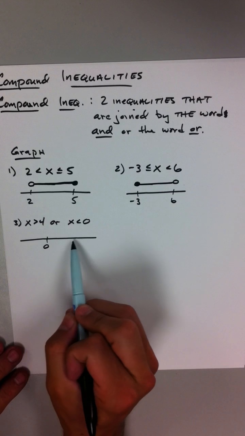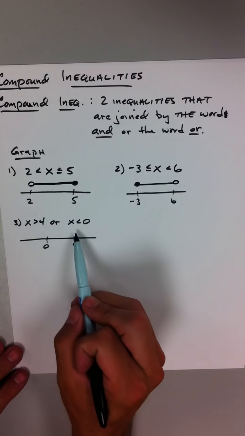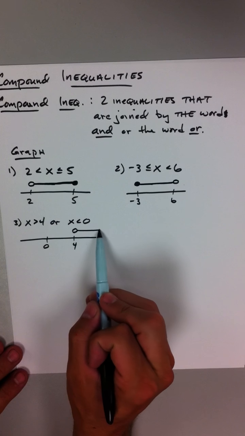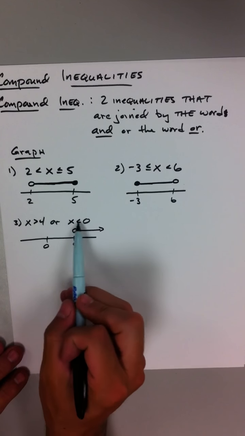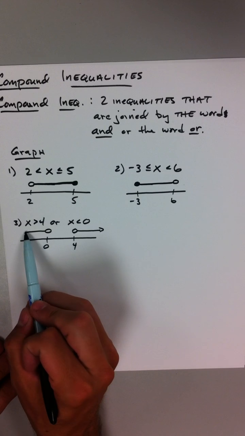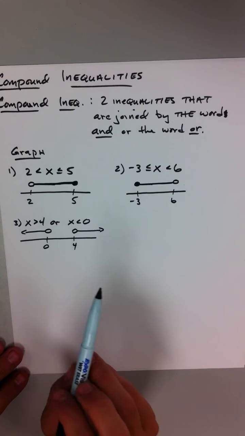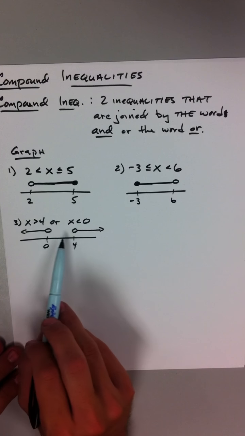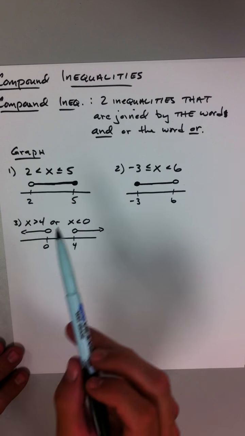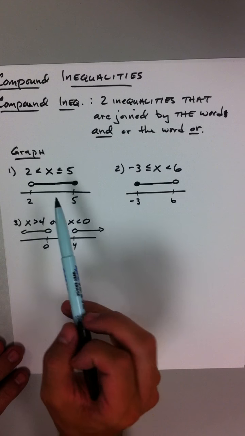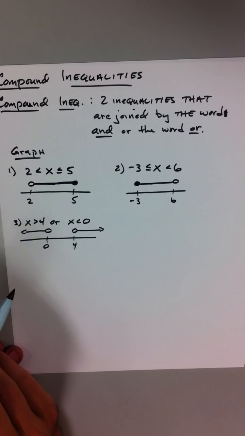So let's say here's 0, here's 4. X is greater than 4 goes this direction. X is less than 0 goes in that direction. And there you go. Traditionally, not always, but traditionally, or statements look like this, where they're going opposite of each other. And traditionally, not always, but traditionally, and statements connect.